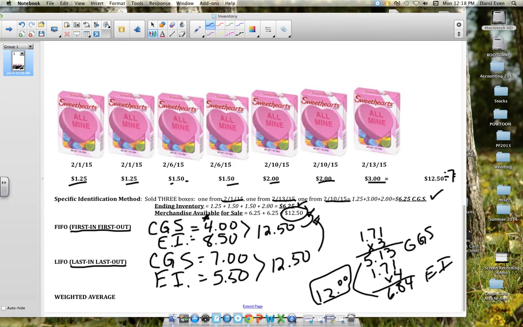With weighted average, you won't come up to the exact same number because of rounding. And I think I made a mistake anyway. Yep, I did. I took $12 divided by 7 on my calculator. It should have been $12.50. And so this becomes $1.79. So these numbers will be different.